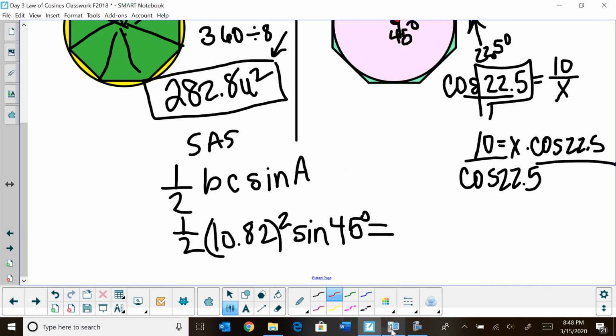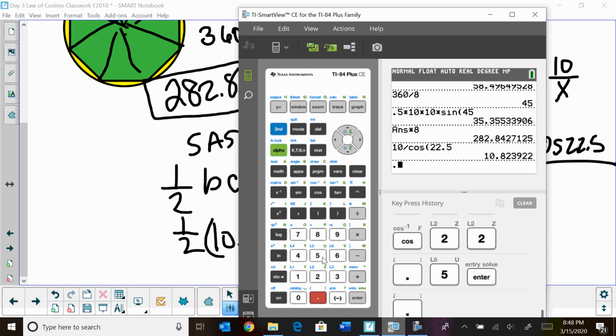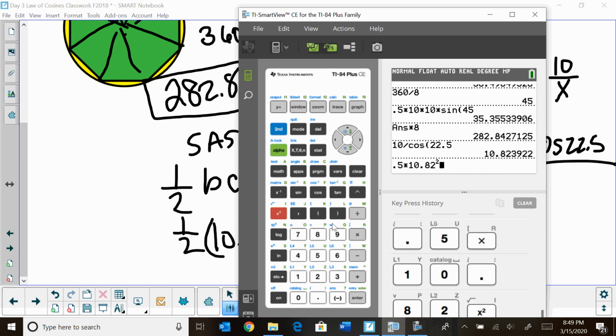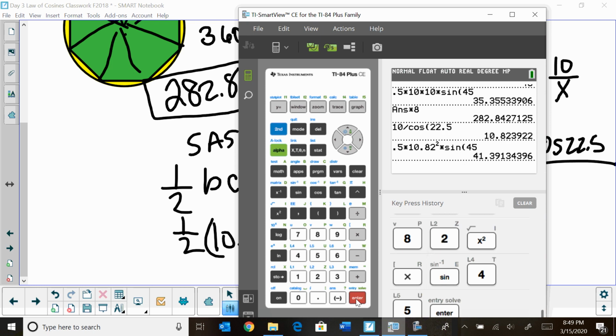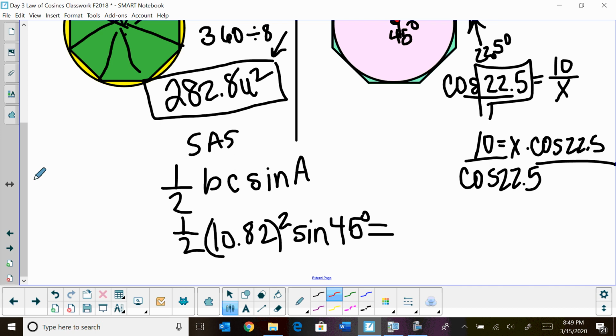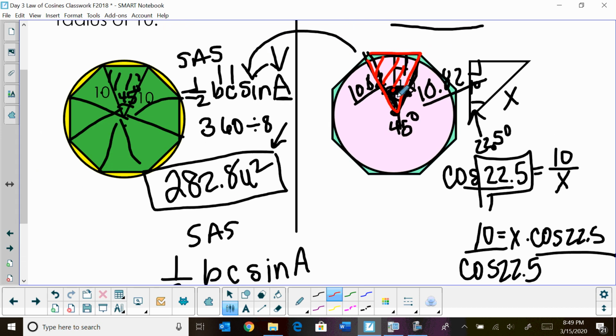So let's grab our calculators. 0.5 times 10.82 squared times sine of 45. And there's our formula all plugged in. The area is 41.4, and that gives us the area of one of these triangles. Well, how many triangles have we got?